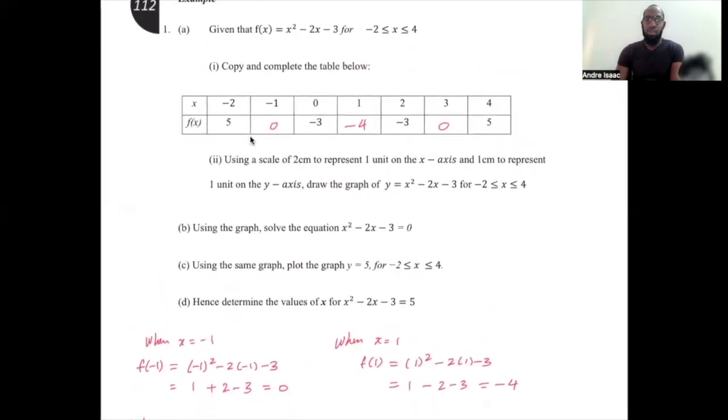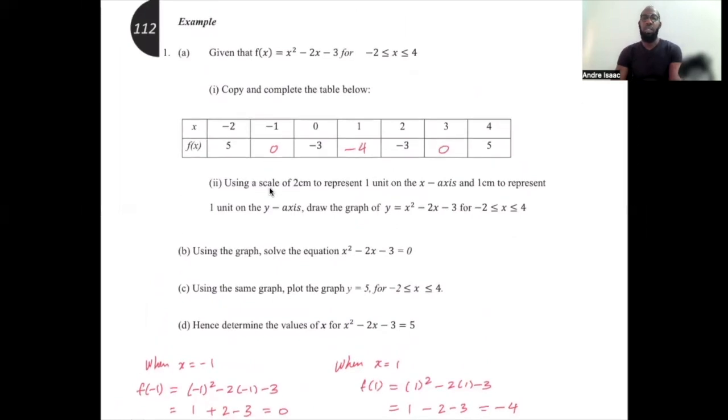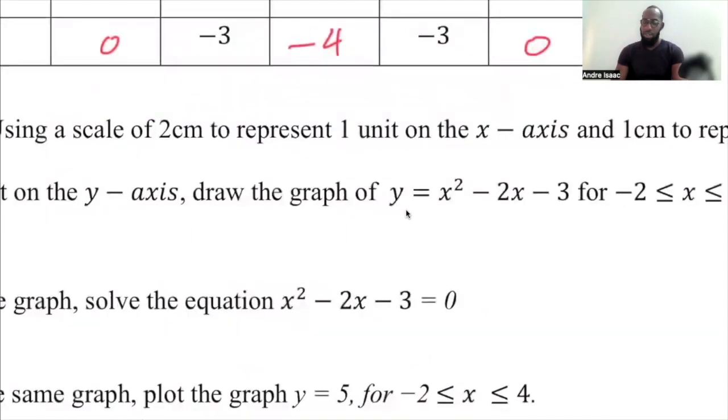Now we are going into the graph part. Using a scale of 2 cm to represent 1 unit on the x-axis and 1 centimeter to represent 1 unit on the y-axis, you have to draw the graph. Right now, I have y here.